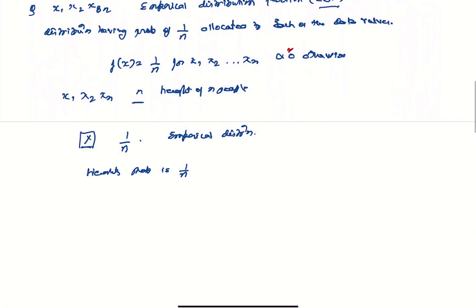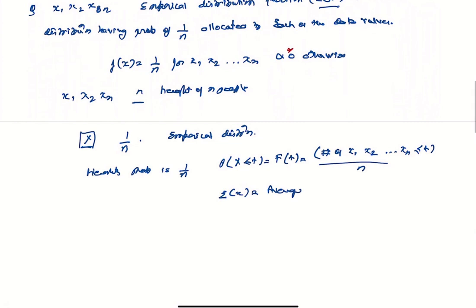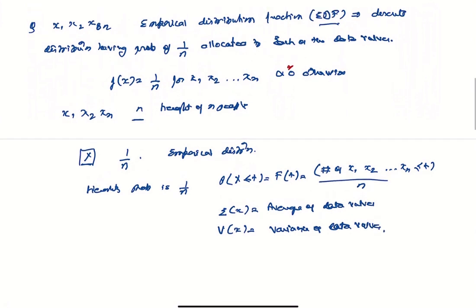The empirical CDF is given by probability of x less than or equal to t is F of t, which is the number of x1, x2, xn less than or equal to t divided by n. The expected value of x is the average of the data values, and the variance of x is the variance of the data values.